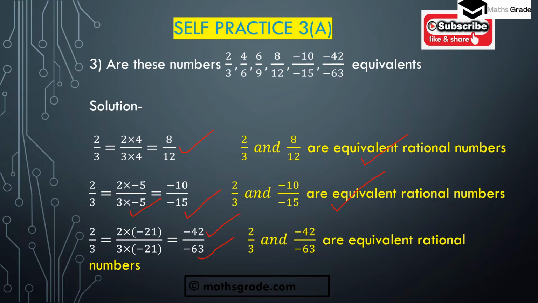So both 2/3 and -42/-63 are equivalent rational numbers. So all these given rational numbers are equivalent rational numbers.